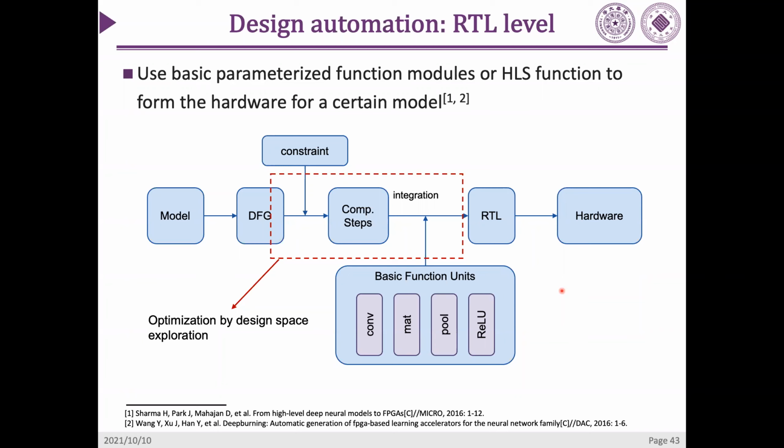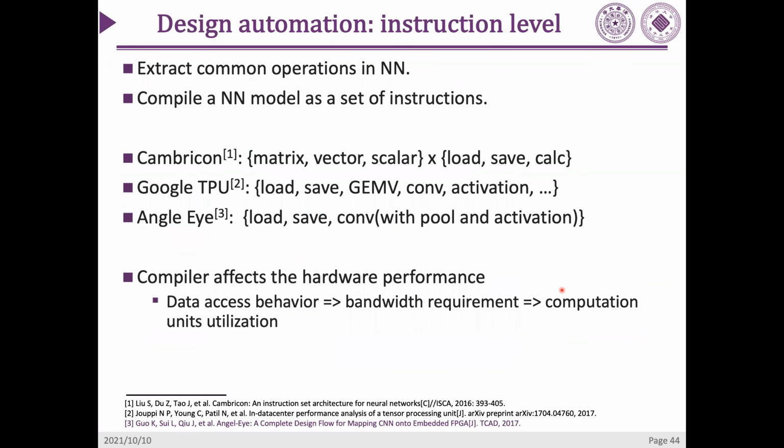Another level of design automation is that you can use instructions for more flexible design. At the software level, design automation completes the compilation from high-level neural nets into a set of instructions.